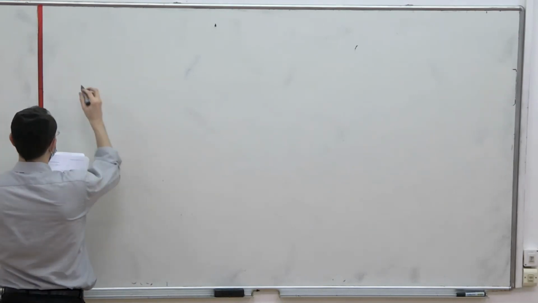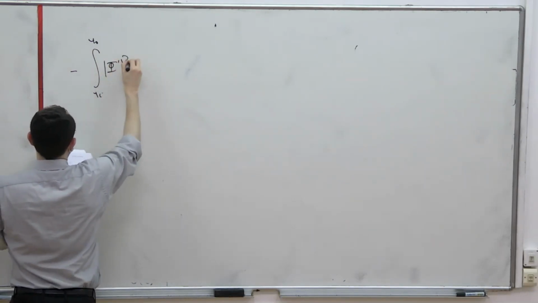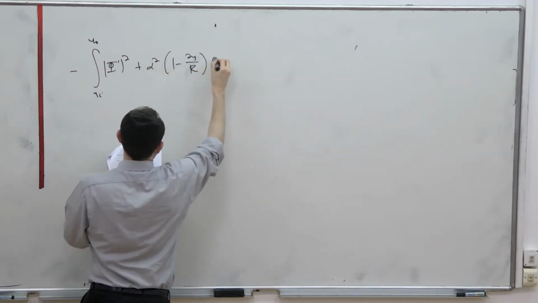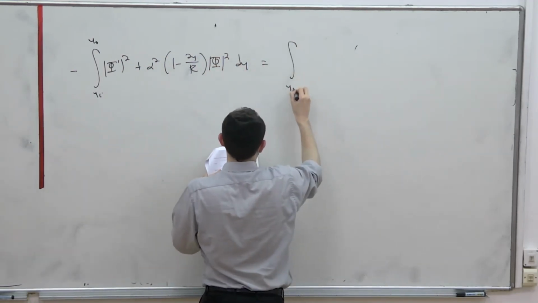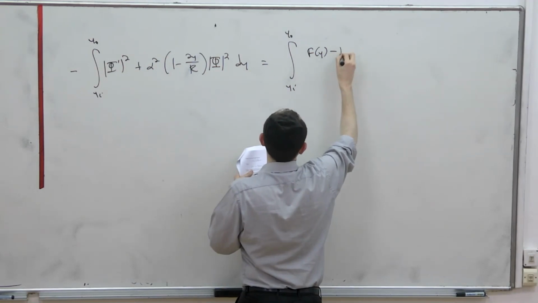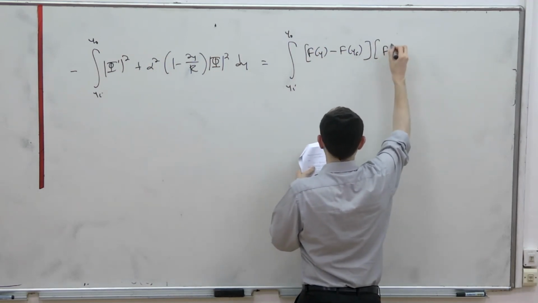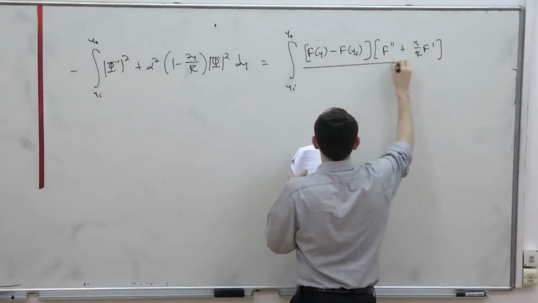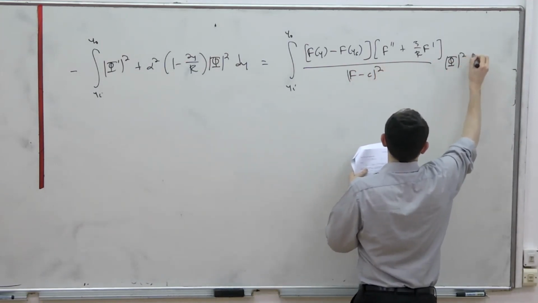We're going to get the following: negative the integral from yi to yo of (|Y'|² + α²(1 - 2y/r)|Y|²) dy equals the integral from yi to yo of, now I have f of y minus f of ys, then I have the same thing I had before, which is the f double prime plus 3 over r f prime, whole thing over (f minus c) squared, times |Y| squared dy.